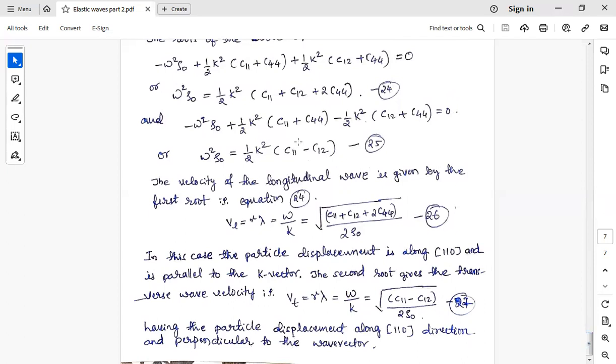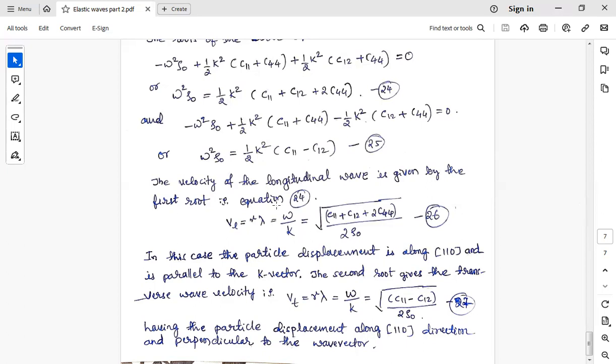Since C44 is plus here but minus here, the C44 term gets cancelled and you are left with omega square rho naught equal to 1 by 2 k square into C11 minus C12. So you got equation 25. Equations 24 and 25 are the roots of that determinant.